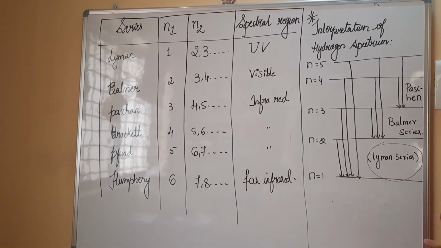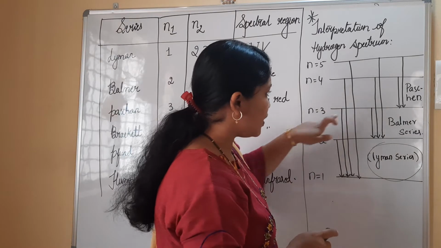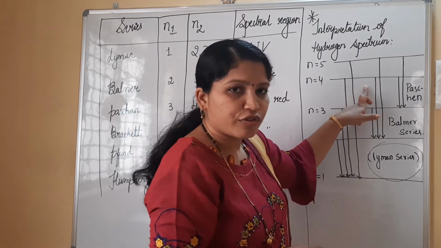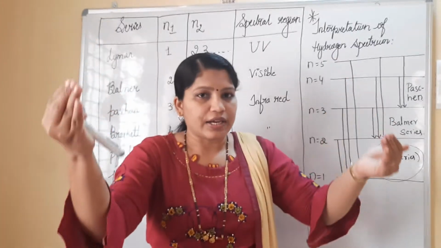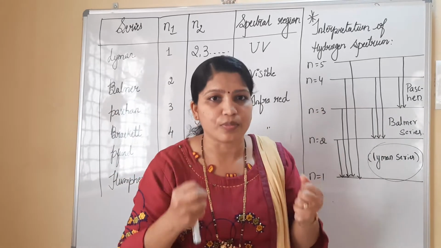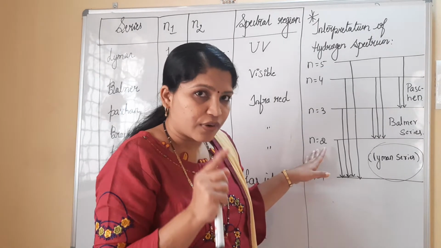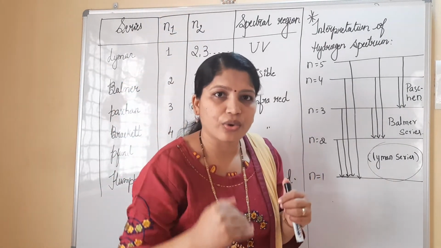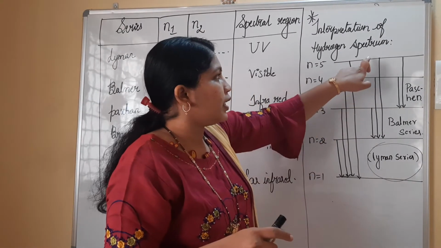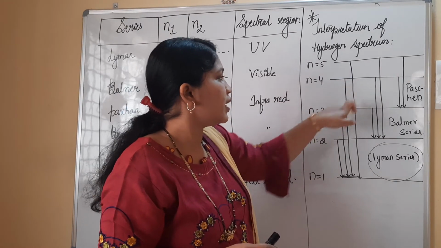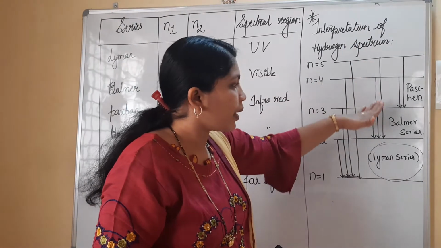Likewise, see here, electrons are jumped first to n equal to 3, n equal to 4, then n equal to 5. If the electrons in different energy states, which jumped due to absorption of certain radiation, come back to n equal to 2, that is, from n equal to 5, n equal to 4, n equal to 3, these different energy states where electrons are jumped, they will be coming back to n equal to 2.